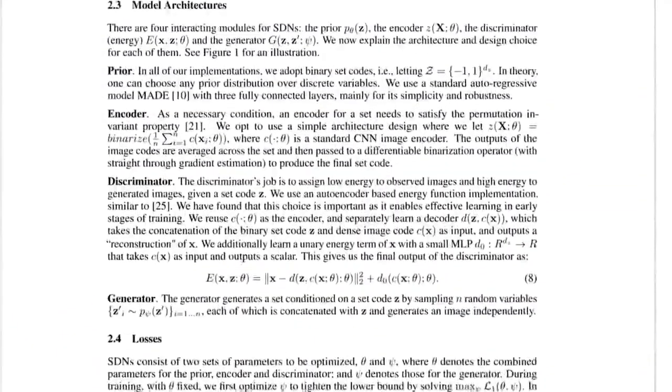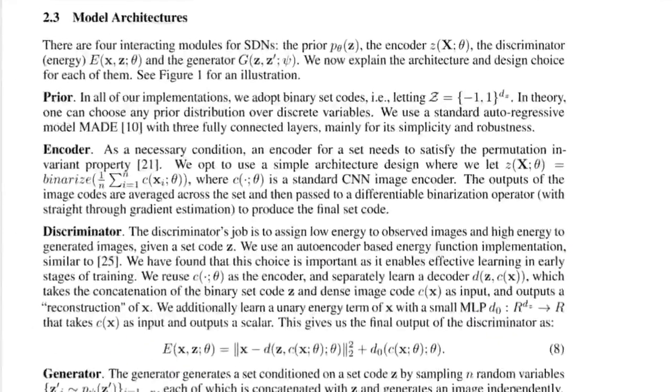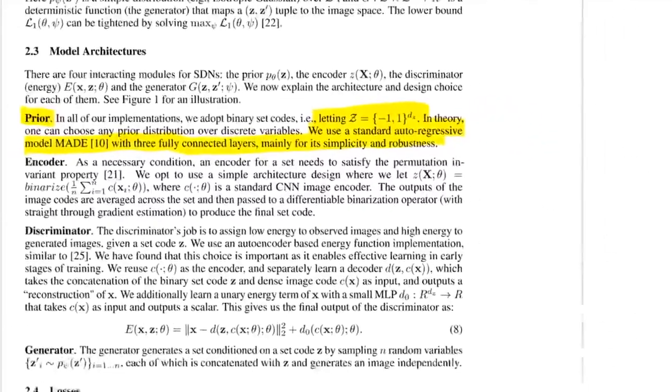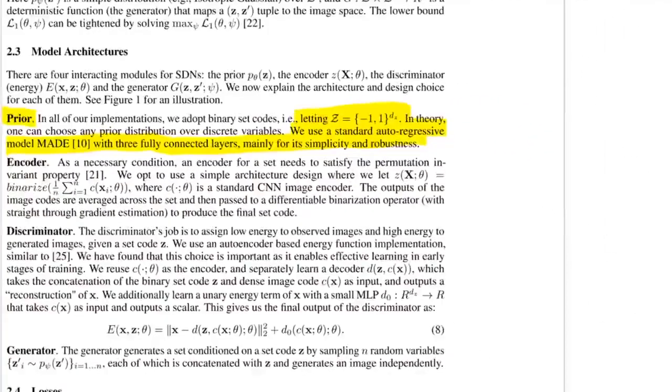Now, they have a model architecture right here, but this is all fairly standard, except for the prior: they learned the prior on the Z space. So you see you have Z being these binary vectors. They say we use a standard autoregressive model made with 3 fully connected layers, mainly for its simplicity and robustness. And again, maybe it took me a while to get what this prior does.